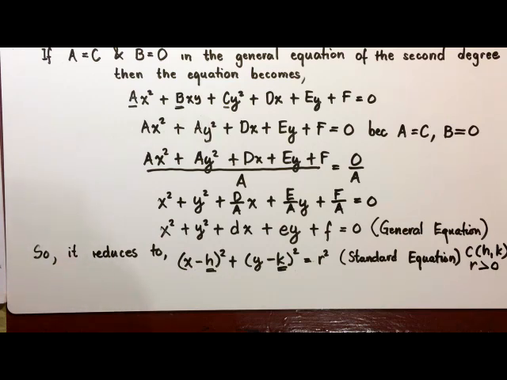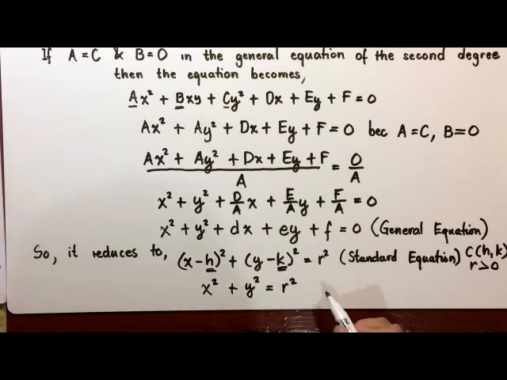But what if the center happens to be at the point of origin? Also, it reduces to just x squared, because this becomes 0. So x minus 0 is x, and x squared is this. Plus, also if this is 0, that reduces to y squared equals r squared.